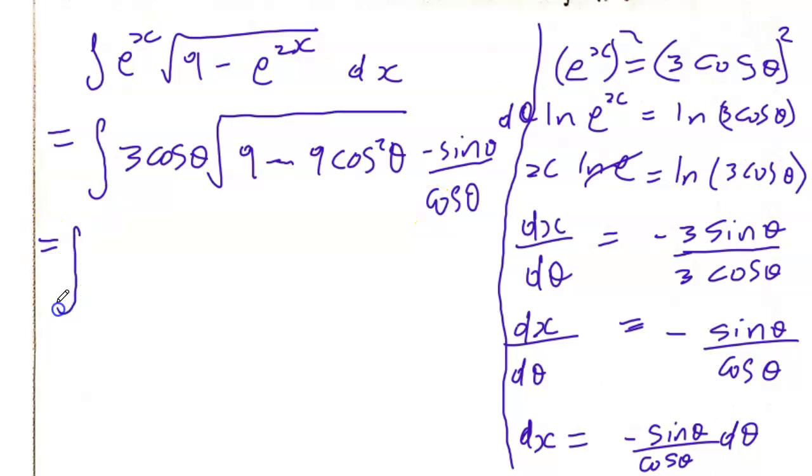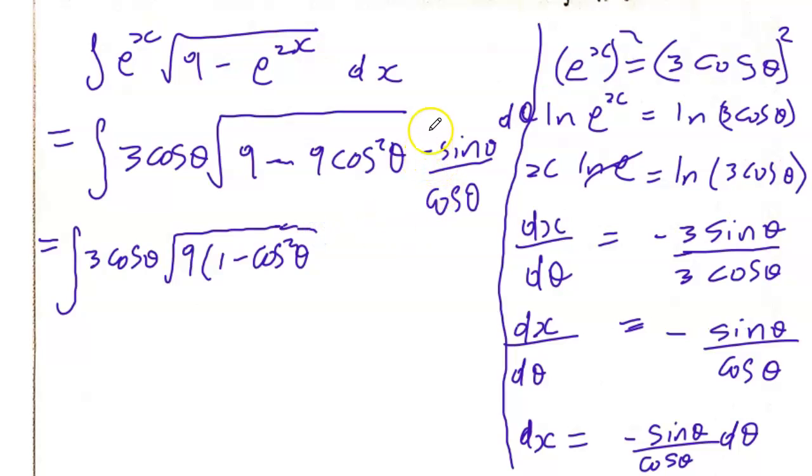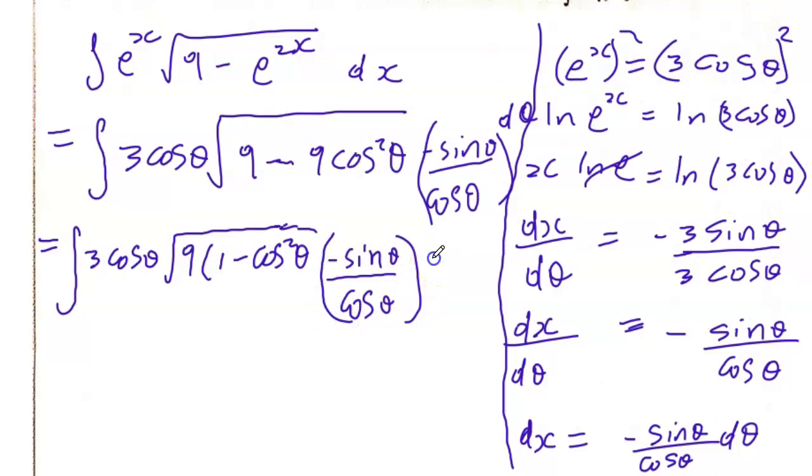So this is the integral of 3 cos theta times the square root of 9 into (1 minus cos square theta), and then outside here we have minus sine theta over cos theta d theta.